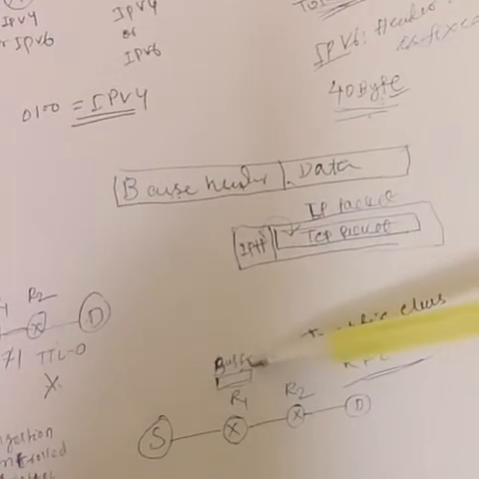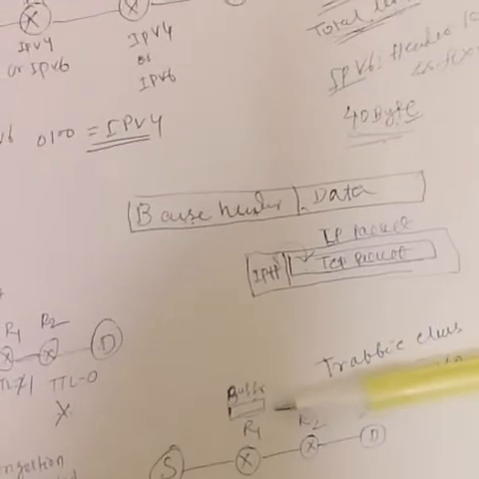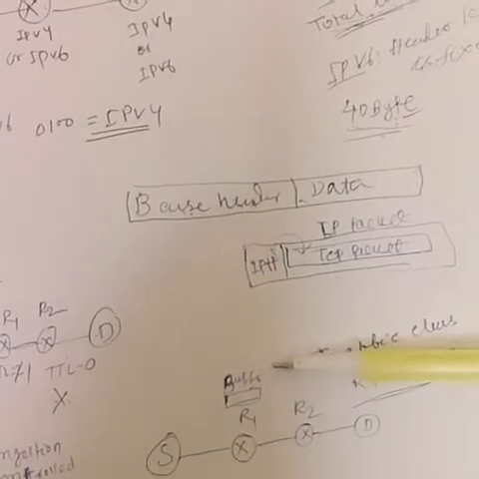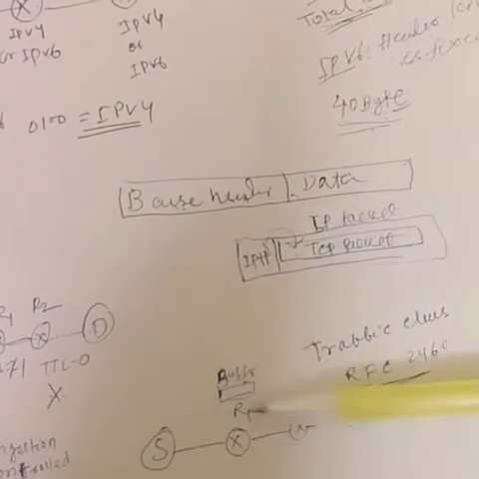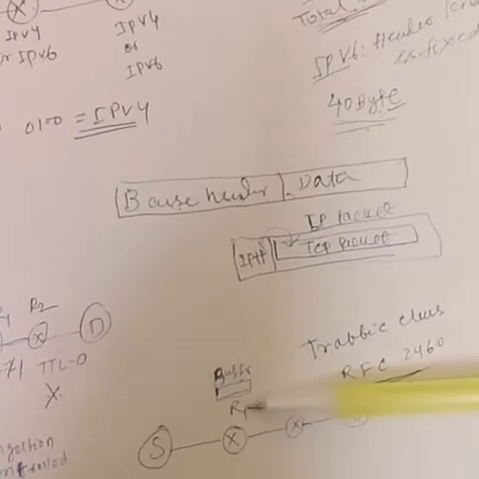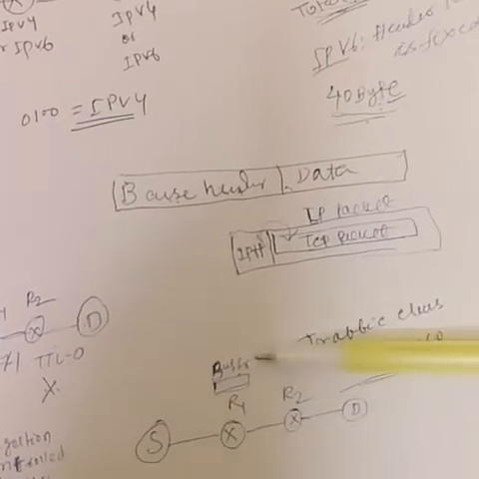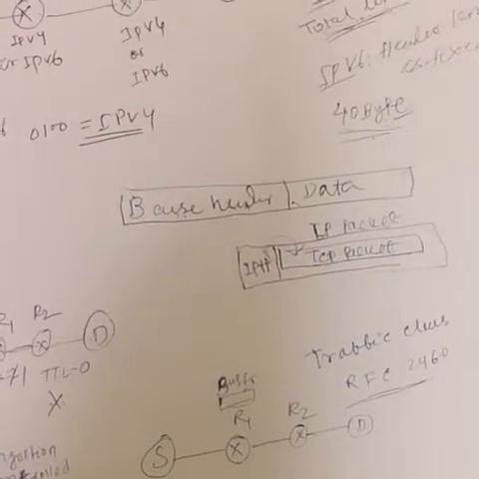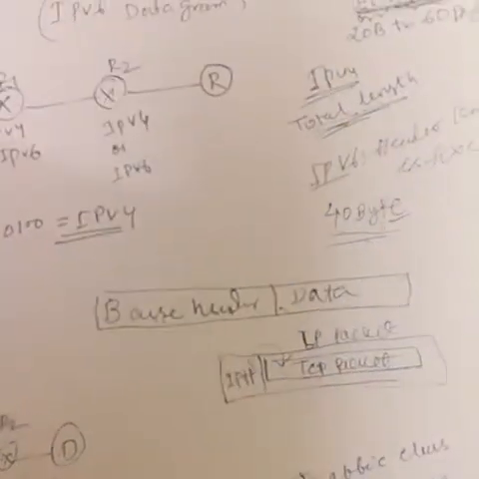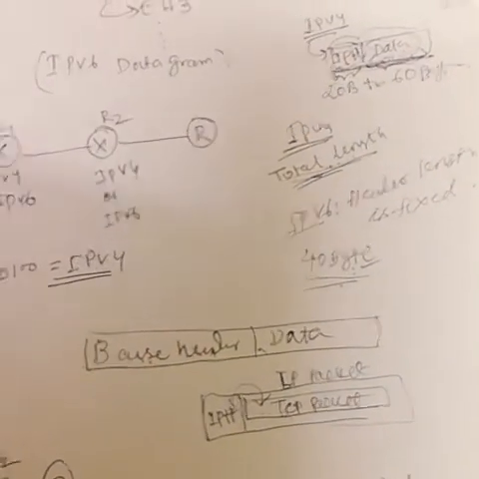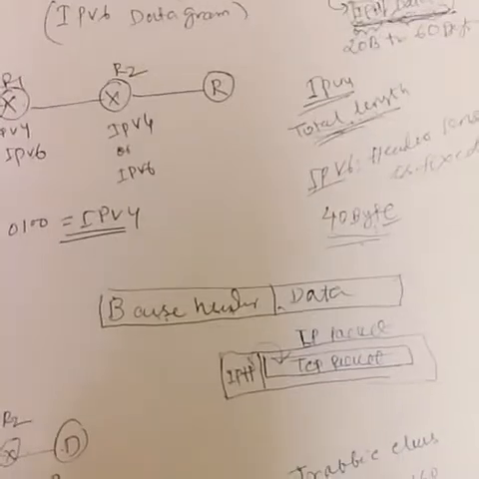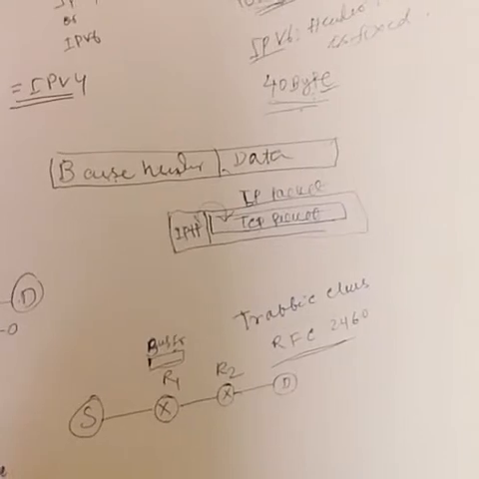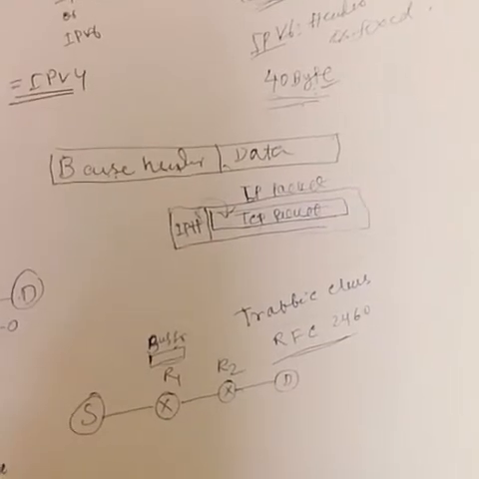If the buffer cannot accommodate the packets, then this router has to discard some of the packets. How will it discard? Depending on this priority value, right? The packet with least priority will be discarded.